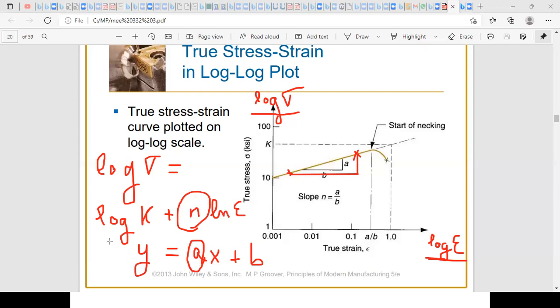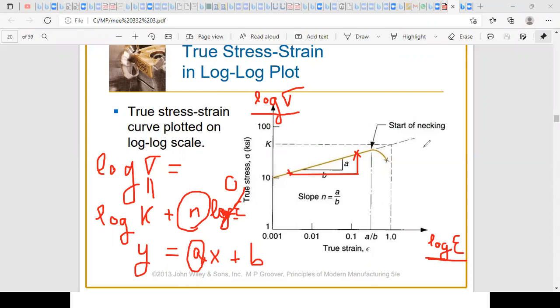Now for K, on the graph, we know that if epsilon is equal to 1, then log of epsilon will be 0, and for this value sigma will be equal to K. This is why, to determine K, we can extrapolate the line.